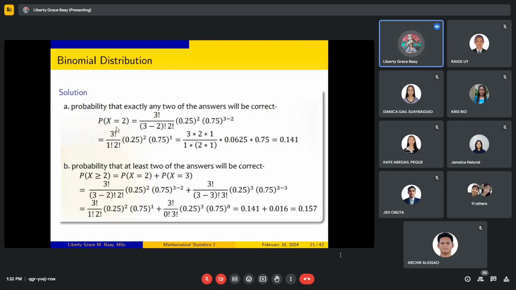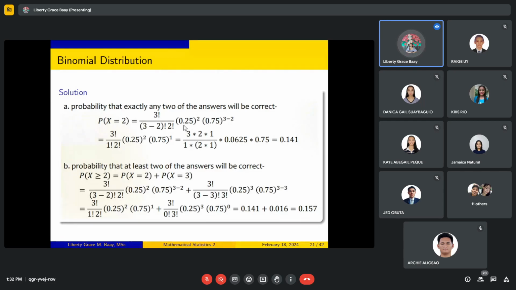So our x is equal to 2, since the first question asks for the probability that exactly any two of the answers will be correct. So we have 3 factorial divided by 3 minus 2 factorial times 2 factorial, times 0.25 raised to 2, times 0.75 raised to the power of 3 minus 2.